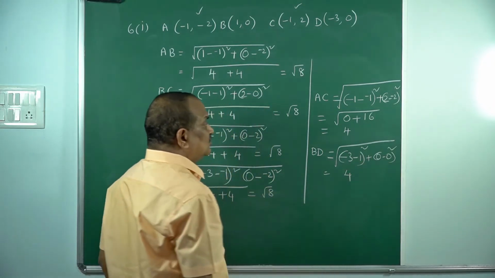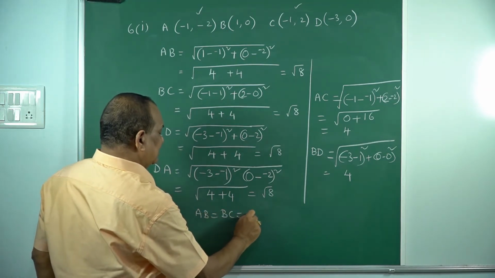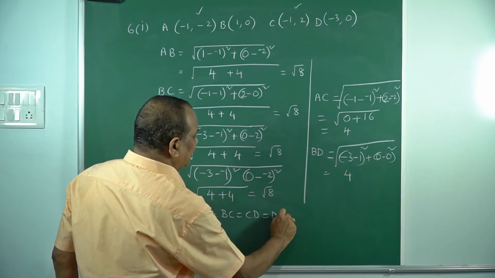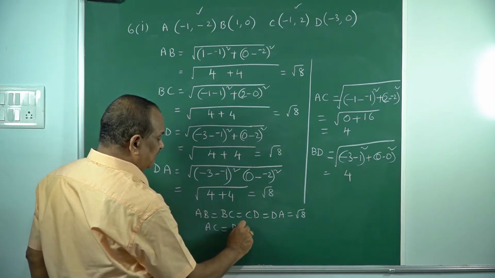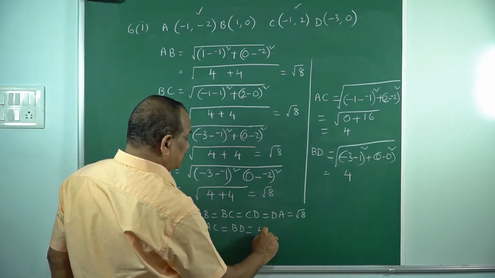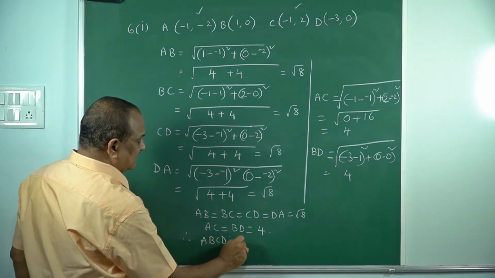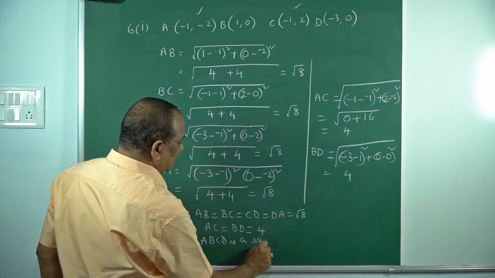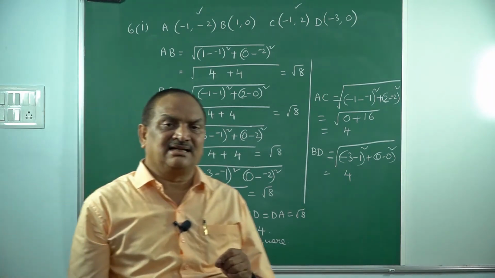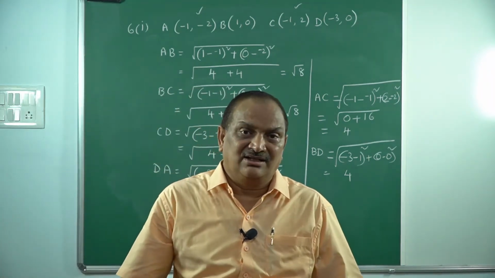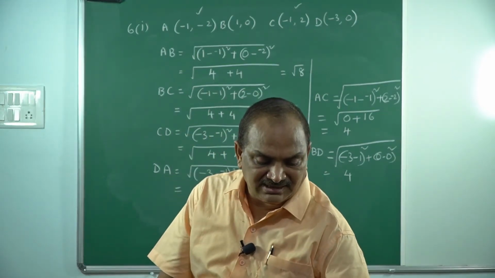So what I have got is AB, BC, CD, DA are equal, and each of them is root 8, and both the diagonals are equal, AC and BD, they are 4 each, and therefore ABCD is a square. All sides are equal and the diagonals are also equal. So my conclusion is that all the 4 sides are equal here, and as the diagonals are also equal, the given figure is a square.